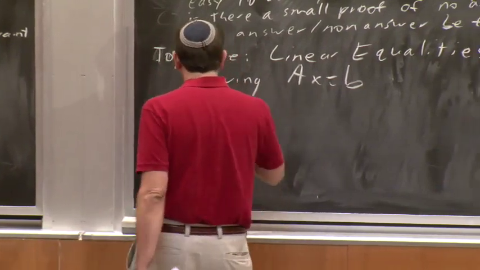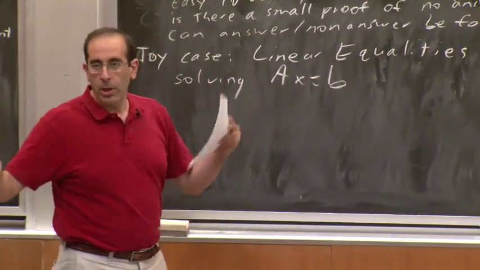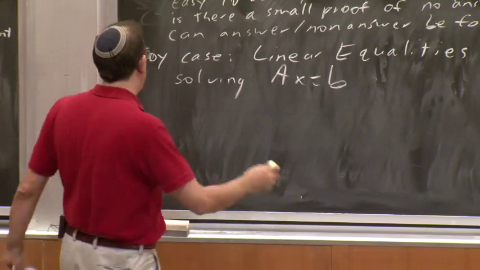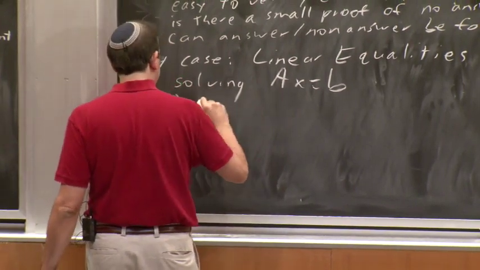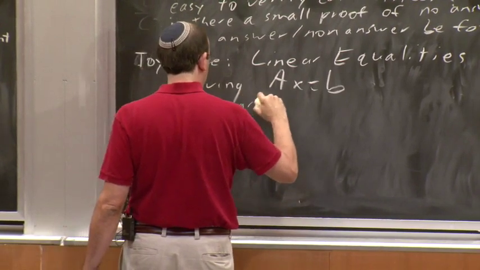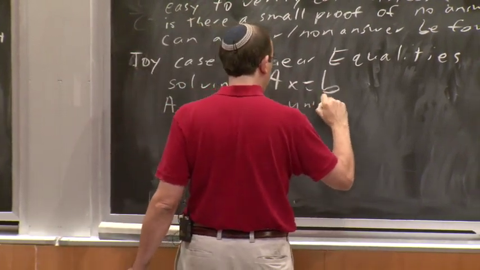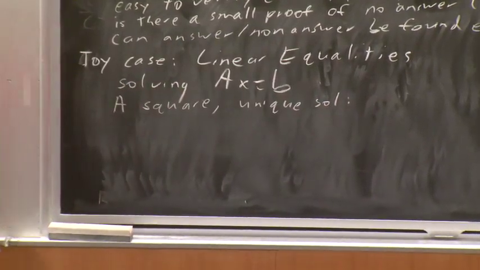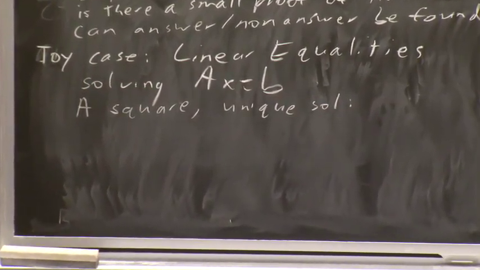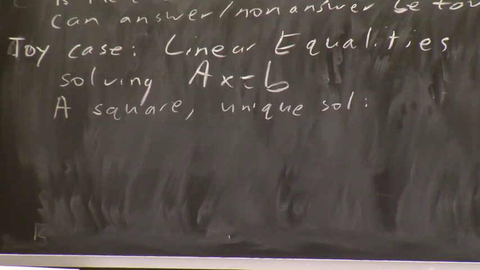So what do we know about solving Ax equals b? The case that we learn in high school is when A is square and there is a unique solution. If A is square and there is a unique solution, we understand how to solve this.